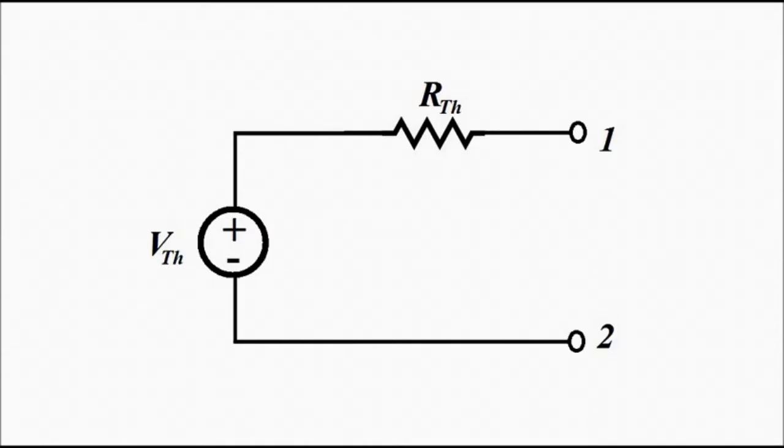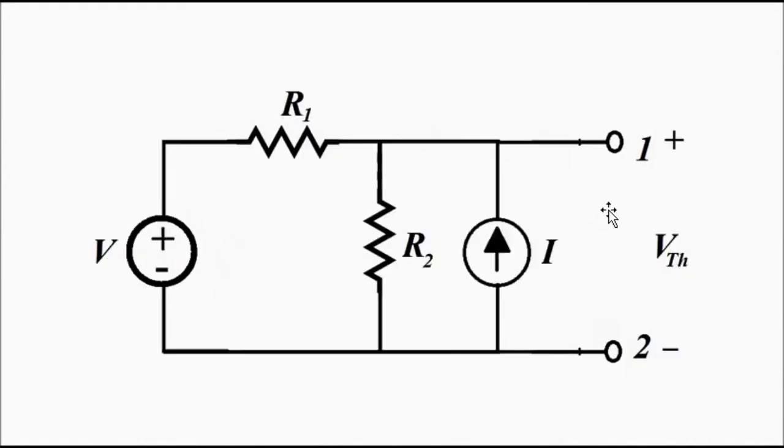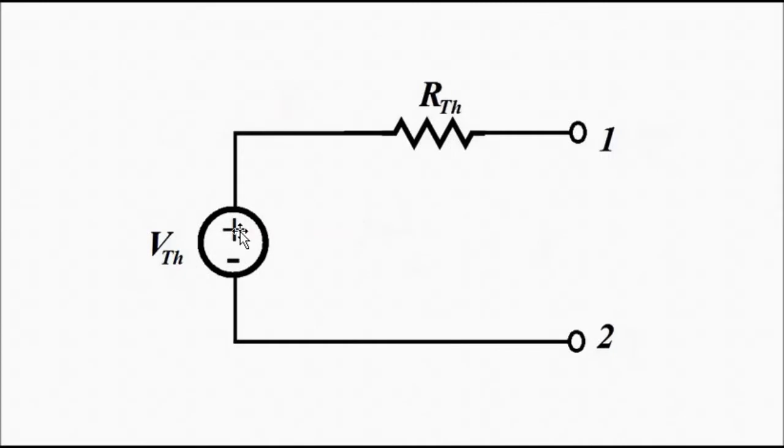So the Thevenin voltage is the open circuit voltage, or the voltage across these two terminals 1 and 2, with all the independent and dependent sources, if they are there, kept intact. Considering all the independent and dependent sources, the voltage across these two terminals across which the Thevenin circuit has to be determined is the Thevenin voltage.